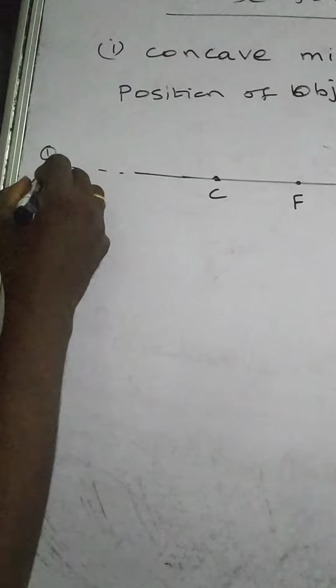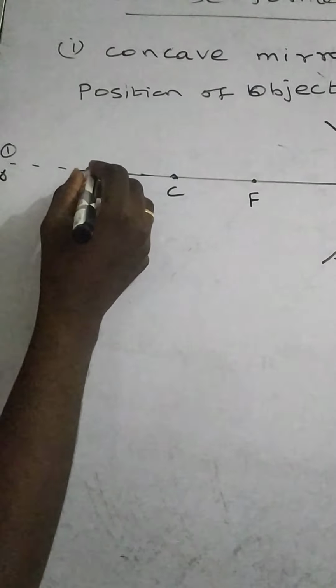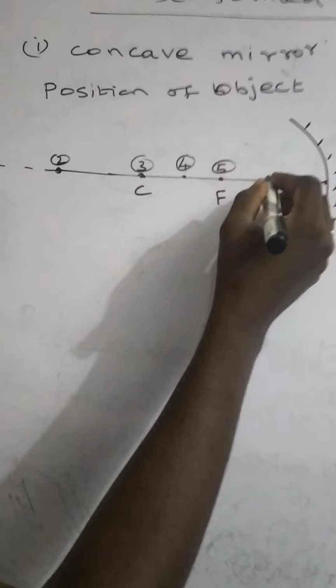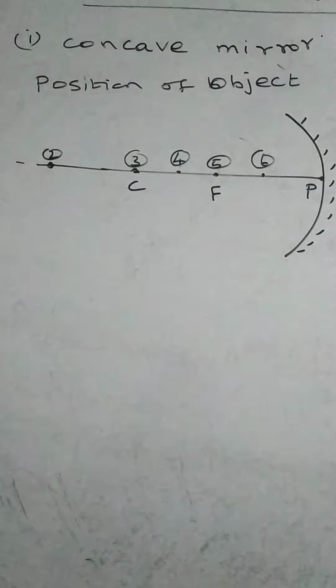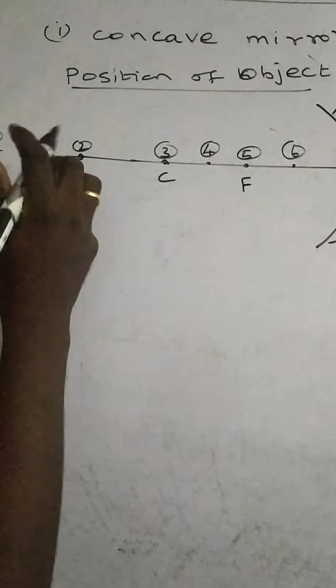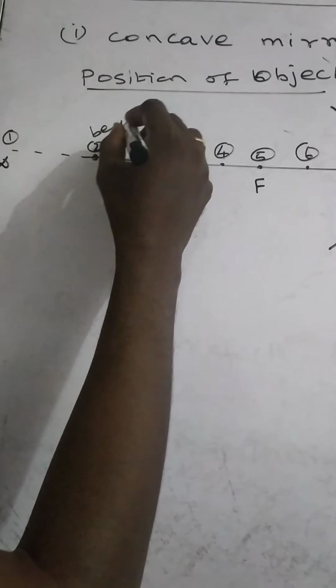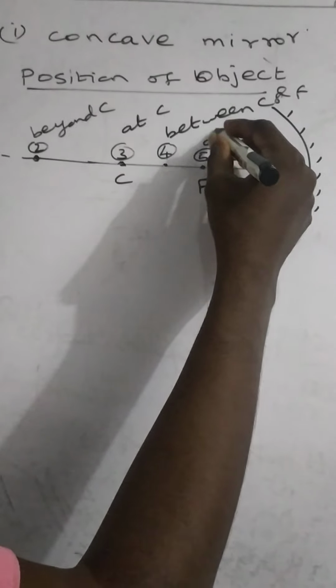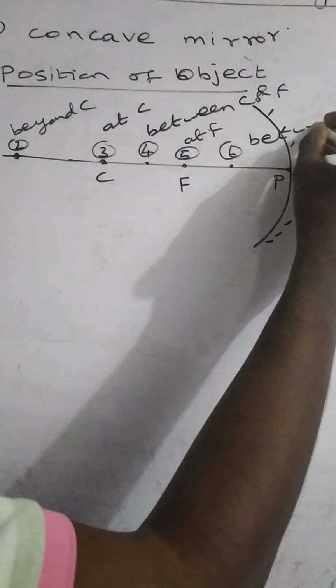First position: infinity. Second: beyond C. Third: at C. Fourth: between C and F. Fifth: at F. Sixth: between P and F. So these are the different positions of the object, as the object is moved towards the pole of the mirror.